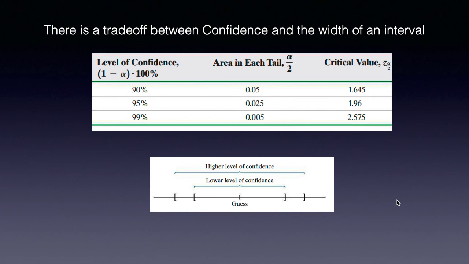For an estimator, do you want a lot of wiggle room or a small amount? I'm hoping you see that you want a small amount of wiggle room. So now the question becomes, how can I have a higher amount of confidence but a smaller amount of wiggle room?